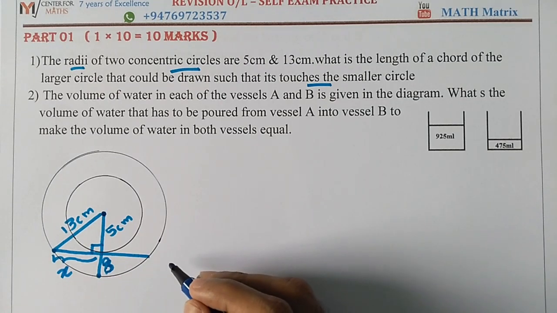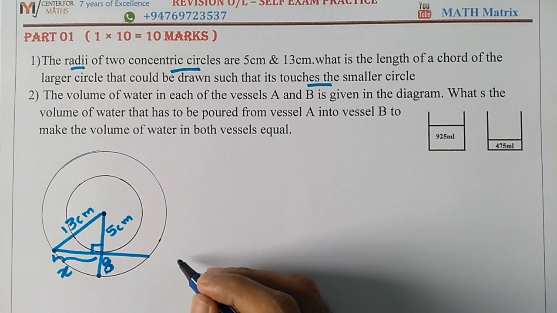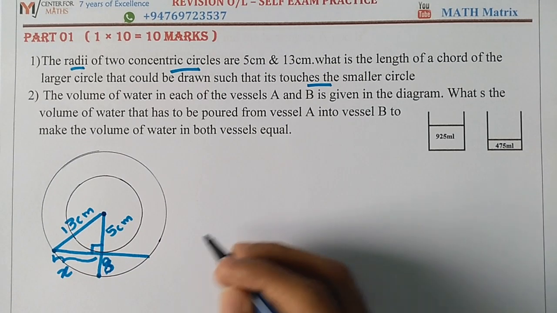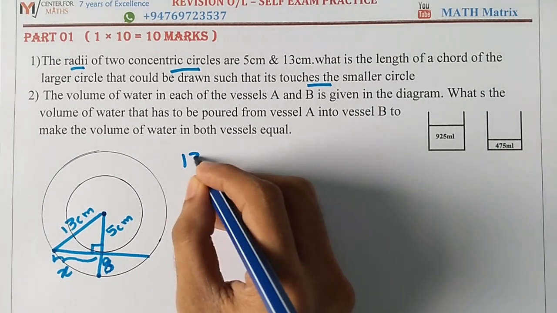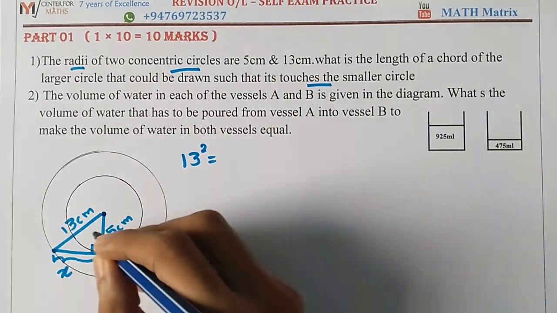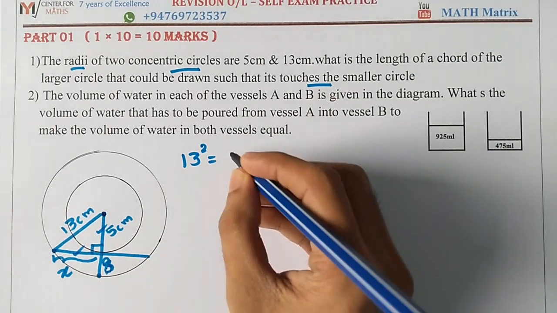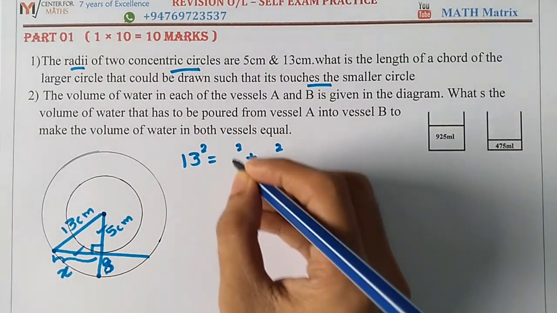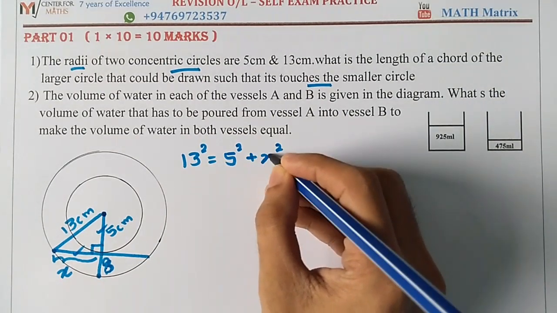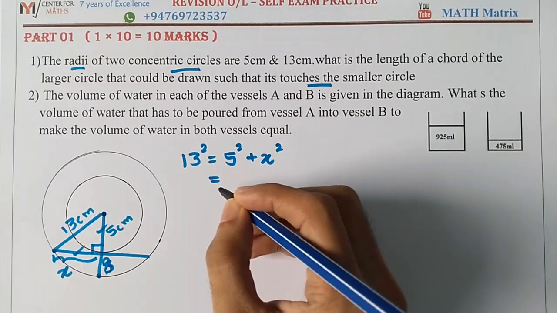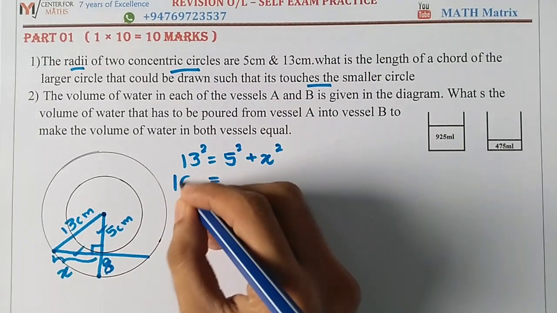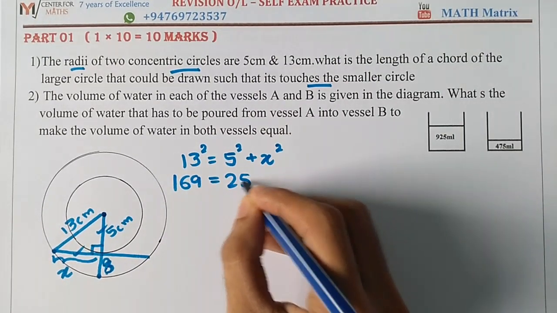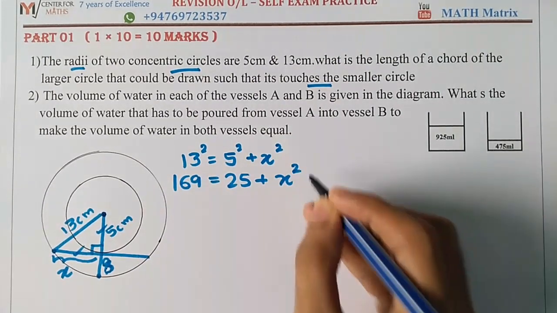I am taking this as x. So how to find this x? We have to go with the Pythagoras theorem. According to the Pythagoras theorem, the square of the hypotenuse is equal to the sum of the squares of the remaining sides, 5 squared and x squared. And 13 squared, 13 13s are 169, equals 25 plus x squared.